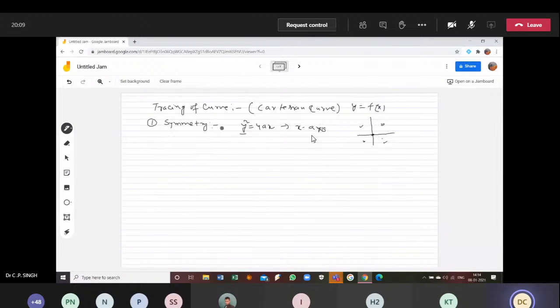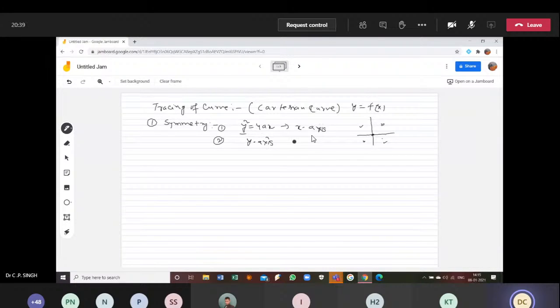And the second rule is: if only even powers of x occur in the equation of the curve, then it is symmetrical about the y-axis. So if even power of y, then it is symmetrical about the x-axis, and if even power of x, then it is symmetrical about the y-axis.